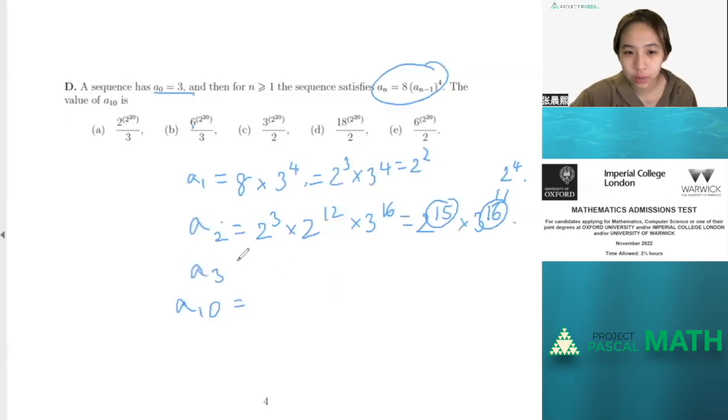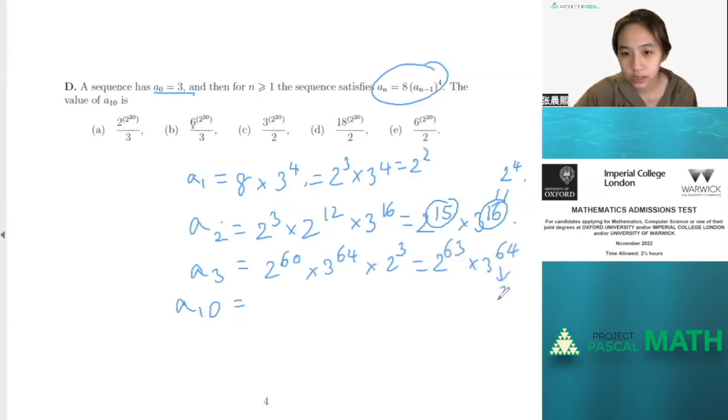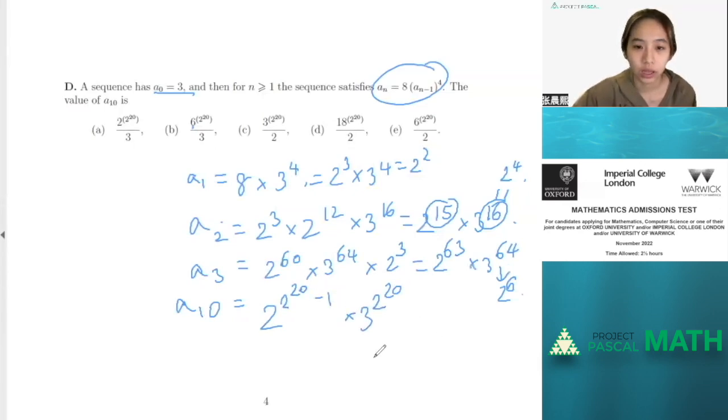For A3, it's going to be 2 to the power 60 times 3 to the power 64 times 2 to the power 3, which equals 2 to the power 63 times 3 to the power 64. And so at this point, it will be 2 to the power 20 minus 1 times 3 to the power 20. And so this gives you 6 to the power 20 divided by 2. And so the answer is E.